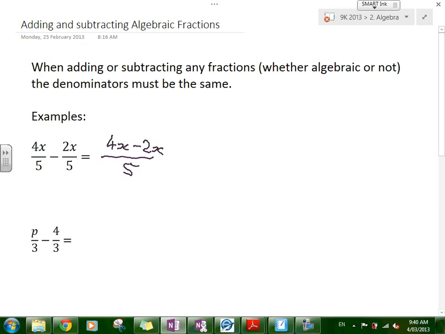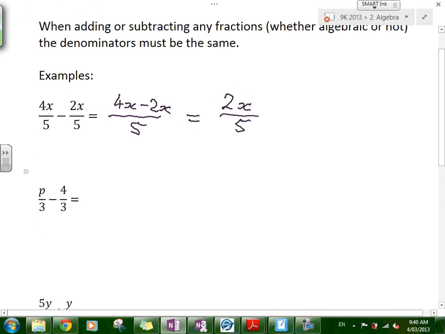Alright, and as Giles already said, 4x and 2x are like terms because x is the same. And so 4x minus 2x is what, Giles? 2x. So it's just 2x over 5. Okay, so in this case we didn't have to do anything. The denominator was already the same. We didn't have to change it or multiply it by anything.